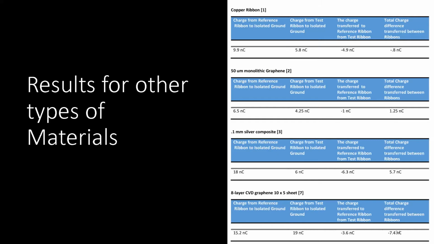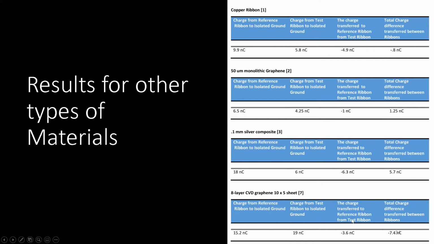So then we went on to another one here, which we did the same test using 8-layer CVD graphene, and that's very thin graphene, which should technically be significantly thinner than the copper strips we're using, but they're basically the same shape. And now we still get a difference of 15 coming off of the reference ribbon, and then we have 19 going to the test ribbon.